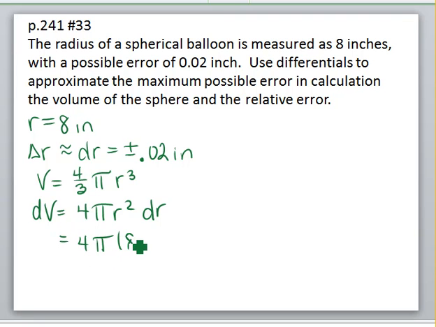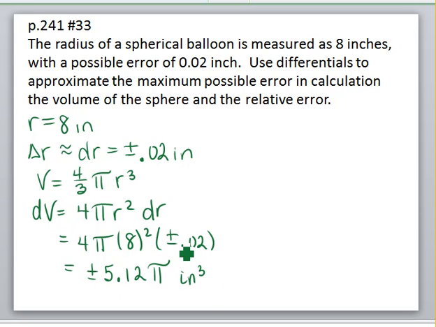So I know that r is 8. And I know that dr is plus or minus 0.02. What I have then, when I multiply all those numbers together, is plus or minus 5.12 pi, and that would be inches cubed.